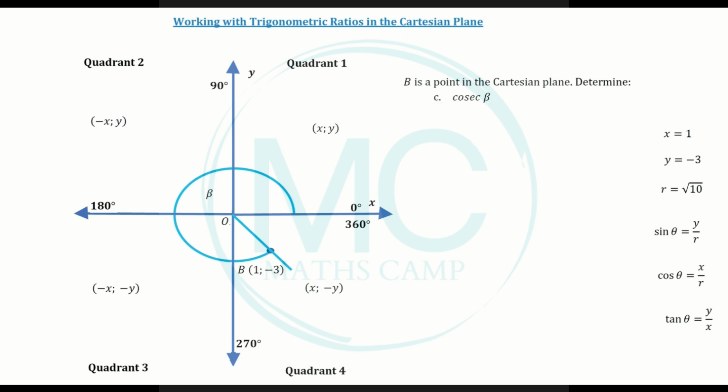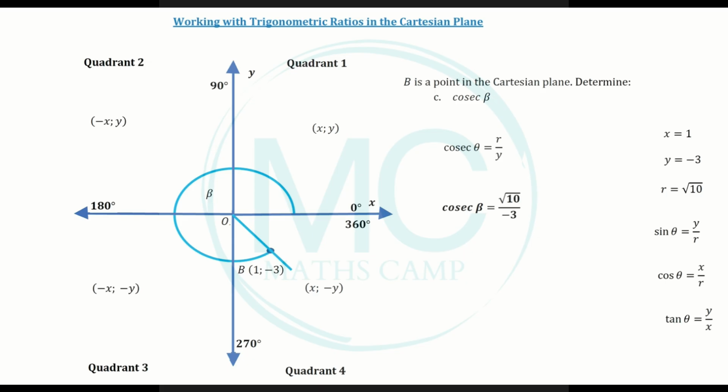Now we can move on to part C. Determine cosec beta. Cosec theta is the reciprocal ratio of sine theta. Sine theta is equal to y over r, which means that cosec theta is equal to r over y. Here r is root 10 and y is equal to negative 3. So now we can write our ratio as cosec, our angle, which in this case is beta, is equal to the value of r, root 10, over the value of y, which is negative 3.